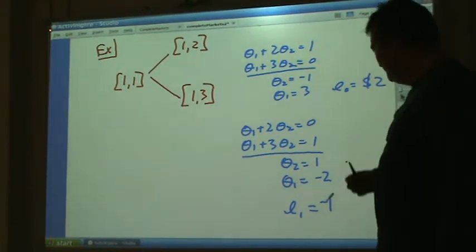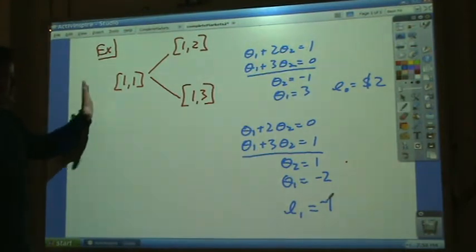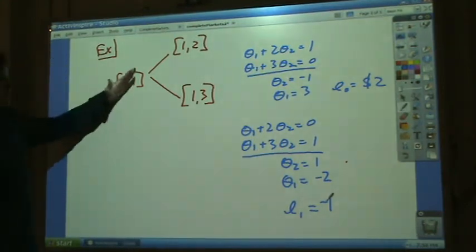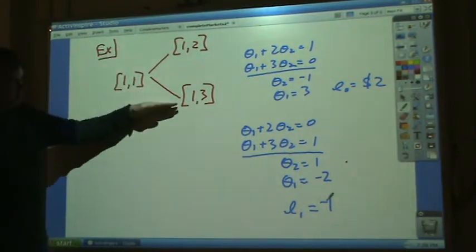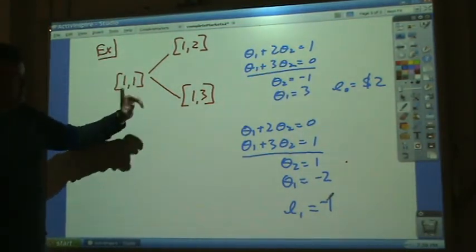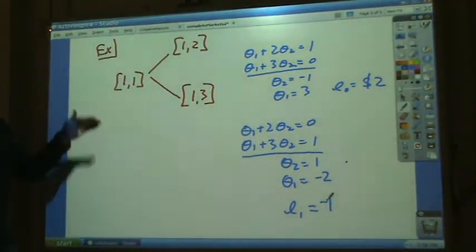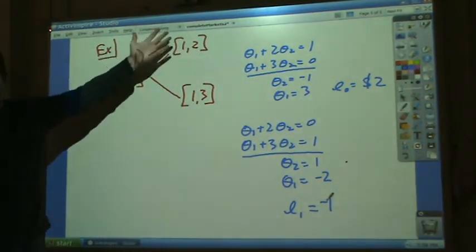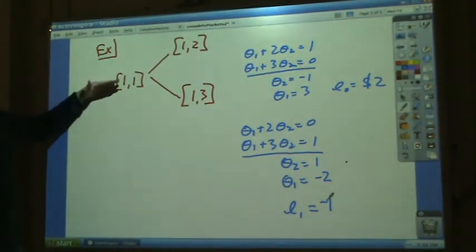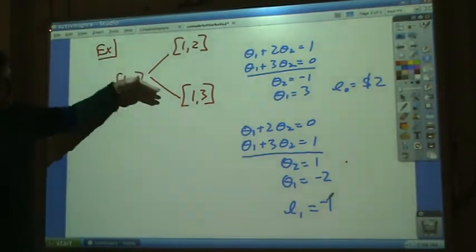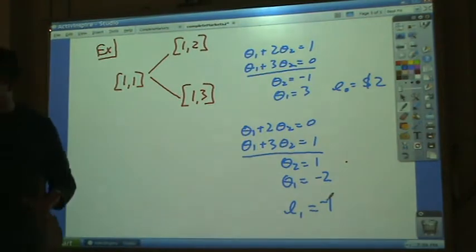So what this is saying for this market is, if you wanted to have a security that pays $1 when the market goes up and 0 when the market goes down, you would pay $2 for that right now. But nobody would ever do that. You wouldn't pay $2 so that you have a shot at getting $1. And if you want to buy a security that pays 0 when the market goes up and $1 when the market goes down, you receive $1 right now to do that.